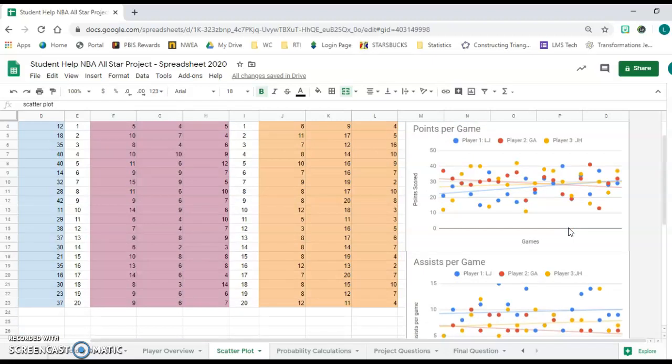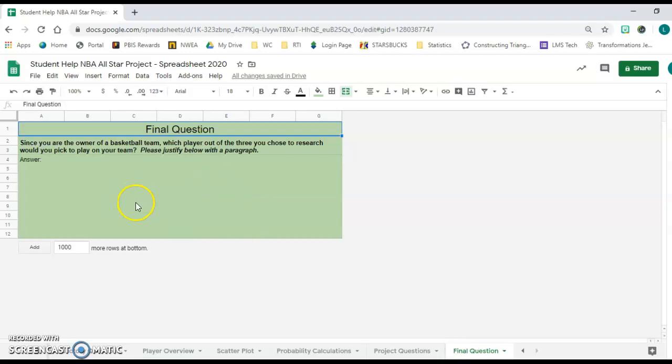What would you rather have? Somebody who scores a lot but maybe decreasing a little bit, somebody who passes the ball a lot and therefore other people can score so they have high assists? Are you looking for someone that can get the ball back? Or are you looking for someone that can do all three? That's up to you, but you need to be able to justify your answer using the things that you solved in this project.